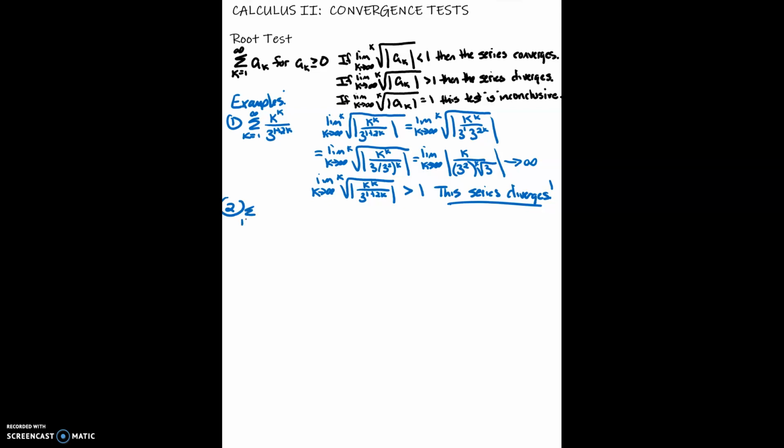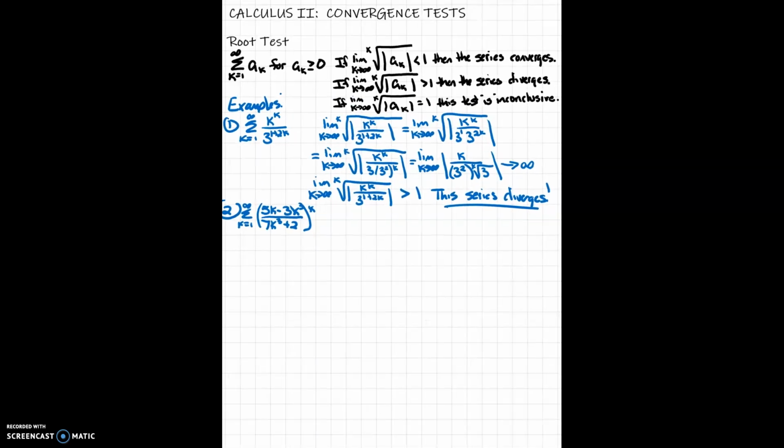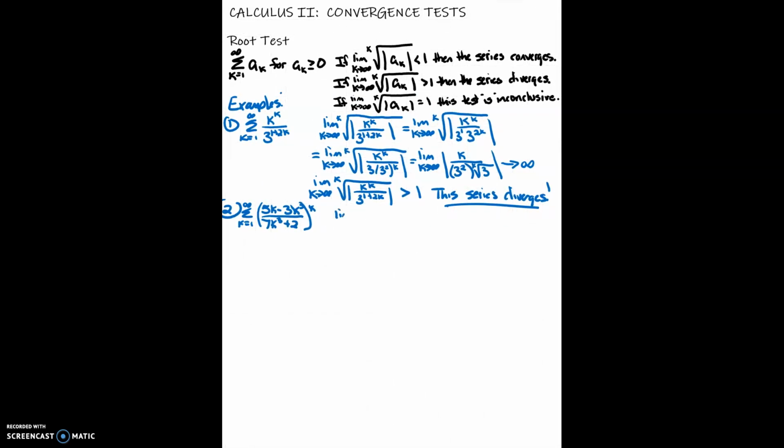Let's take the sum as k goes from 1 to infinity of 5k minus 3k cubed over 7k cubed plus 2, all of that raised to the k power. K in the exponent makes the kth root test a good choice. Again, taking the limit as k goes to infinity of the kth root of the absolute value of the terms of this series.